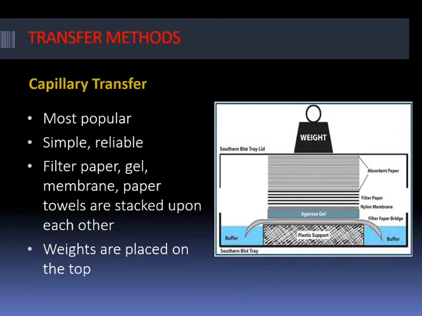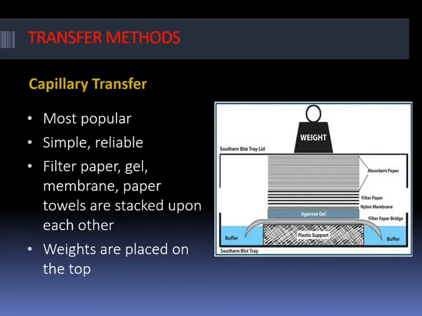The buffer moves through the micropores, passing through the gel as well as the membrane, so the DNA is transferred to the nylon membrane in the same format as on the agarose gel. That is the reason the buffer is required.